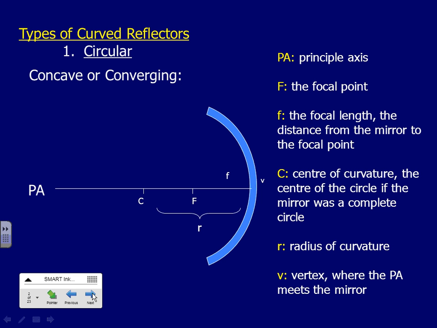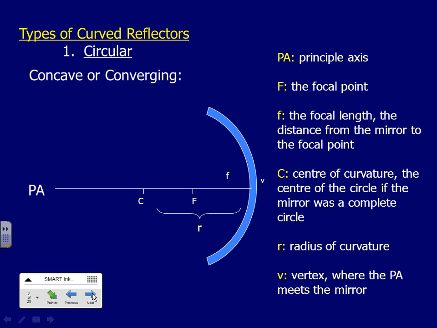Okay? So we have the center of curvature, which is at a distance of R. Now we need to designate what the distance from the focal point to the vertex is. It gets a lowercase f, and it's called the focal length.